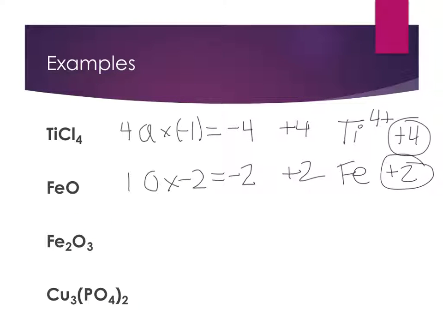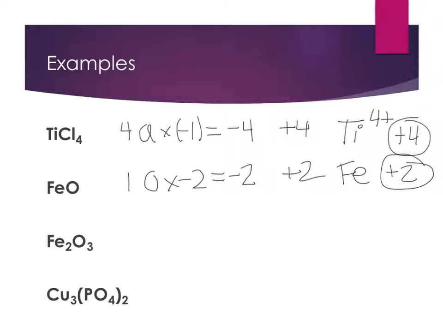This one here. Now, same basic principle. How many irons do we have? We have 2 irons in this case, and we have 3 oxygens. So again, starting from the anion count, we have 3 anions, 3 oxygens.